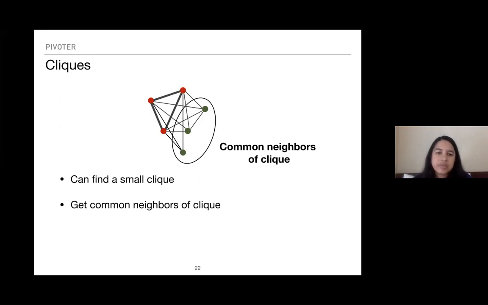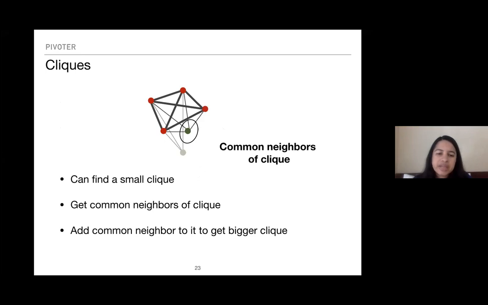From the set of common neighbors, if I include a vertex in the clique, so I increase the size of my clique, then I found a bigger clique. Now I can look at the common neighborhood of this bigger clique and so on, and continue this process. And if I do this exhaustively, I will have discovered every clique in the graph.